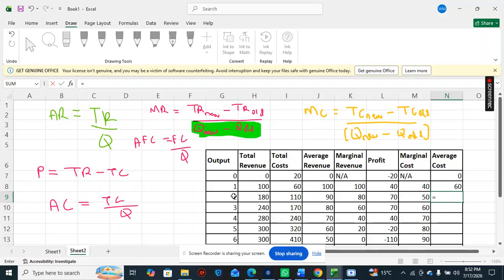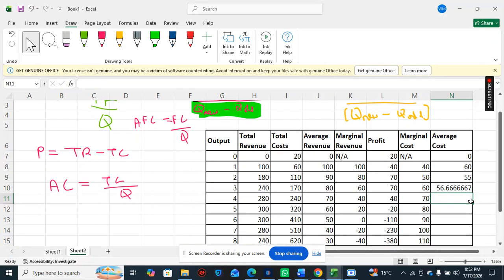When we produce 2 units, total cost 110 divided by 2 units. The average cost or the cost per unit is 55 kwacha. When we produce 3 units, total cost 170 divided by output 3, 56.667. When we produce 4 units, total cost 240 divided by output 4, 60.